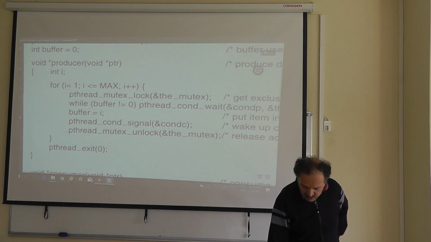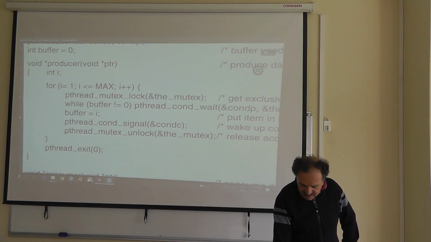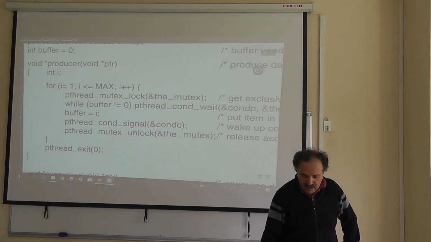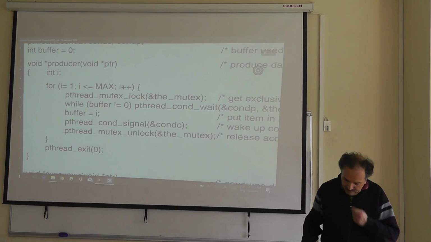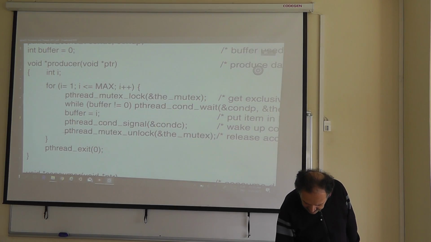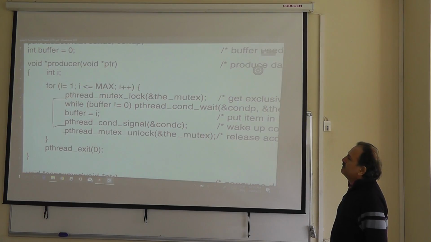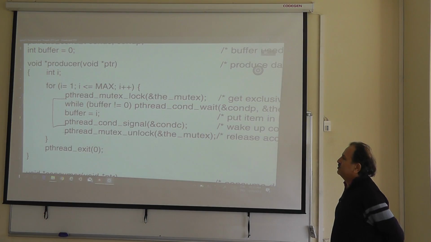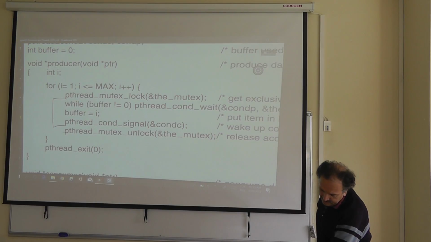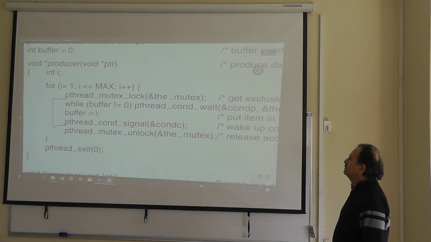First, what it does is it gets a mutex lock on the mutex, so that I can enter the mutually exclusive zone. This red part is my critical region. So I get the mutex lock and I release my mutex lock here. Lock and unlock.